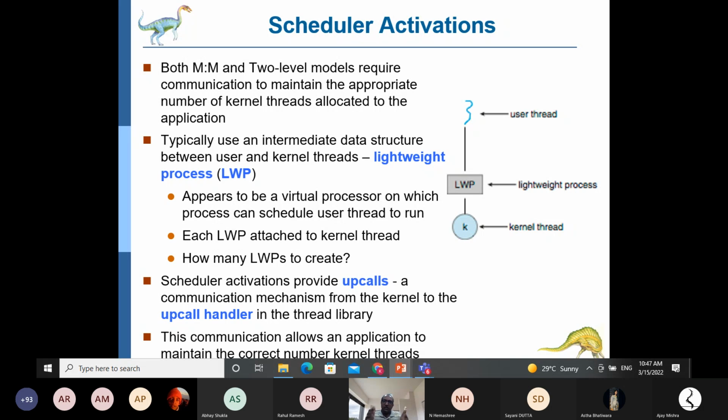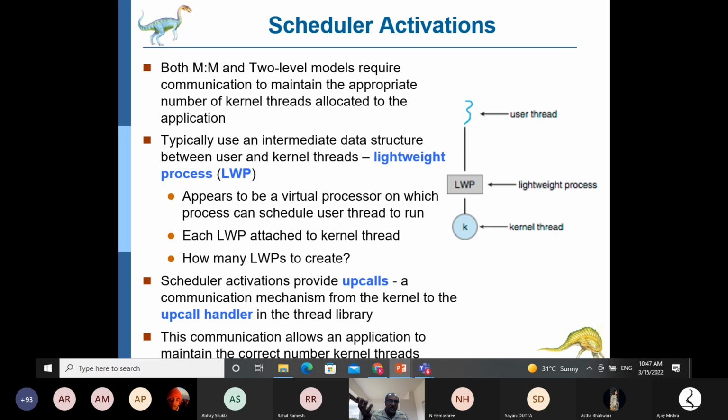That information will be passed to the user library through the kernel, because the kernel thread is aware that a particular system call is blocked. It will be passed on to the user thread library through the upcall, because the kernel will give a call to the thread library supported at user space, since that library schedules the user threads.